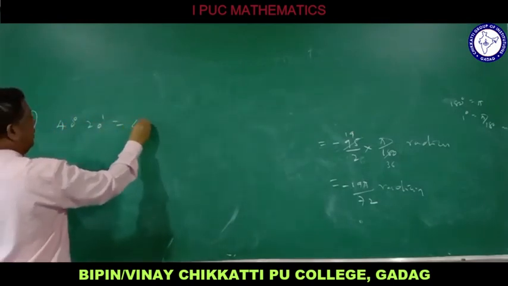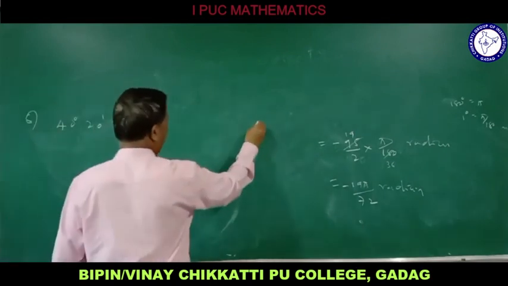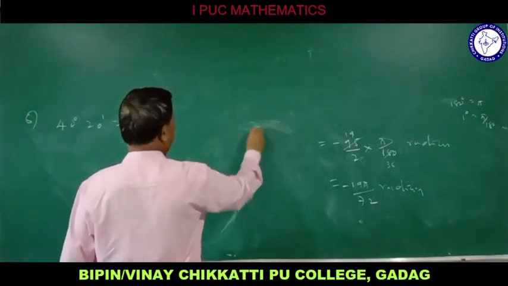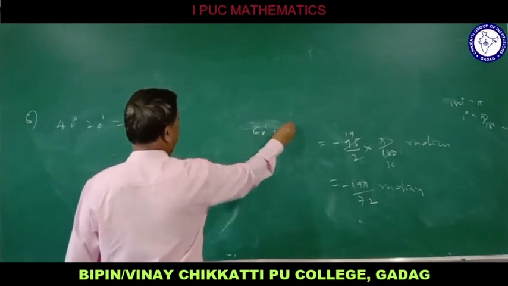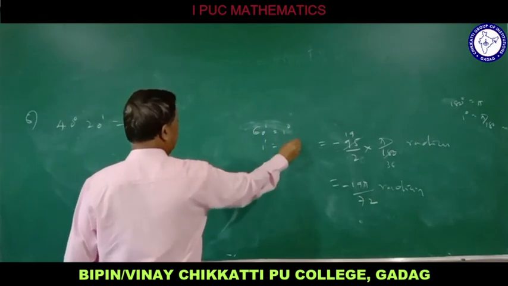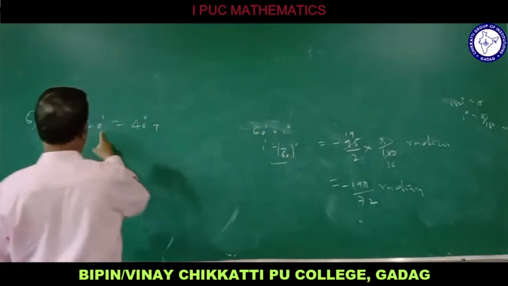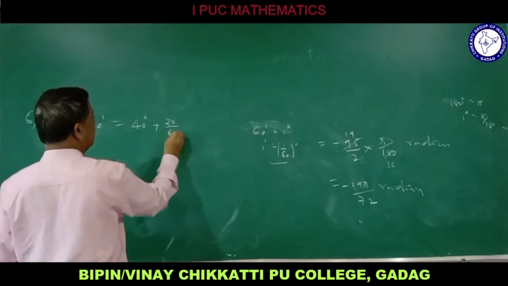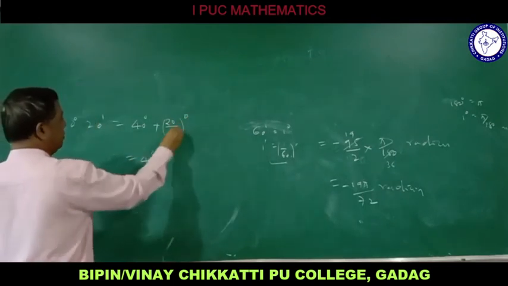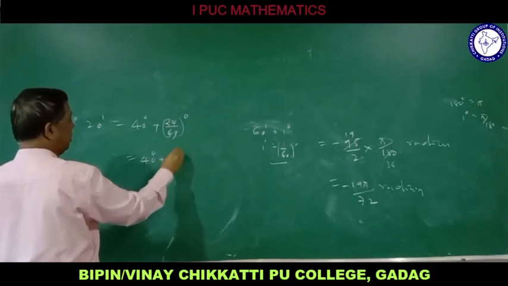See, 40 degree plus, look this, 60 minutes equal to 1 degree, 1 minute equal to 1 by 60 degree. So 1 minute equal to 1 by 60, 20 minutes equal to 20 by 60 degree. So what happens? 40 degree plus 1 by 3 degree.